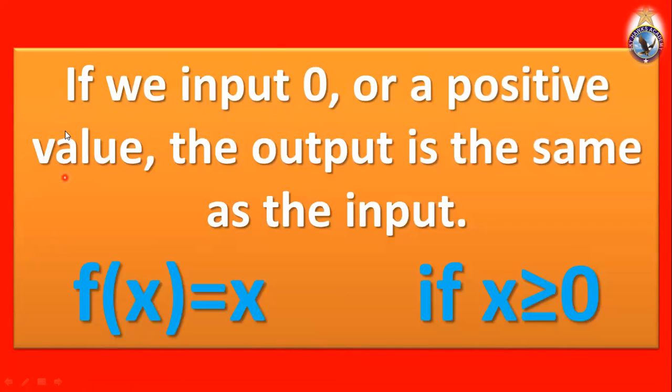Okay, please read this one. If we input 0 or a positive value, the output is the same as the input. f(x) = x if x is greater than or equal to 0. So we will get both values equal, the input and its output.